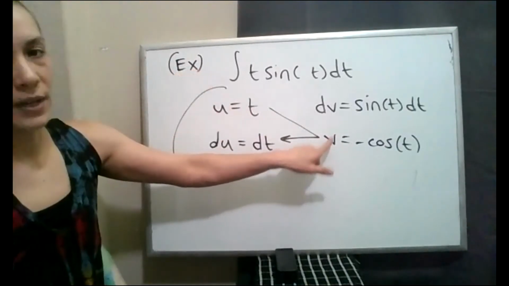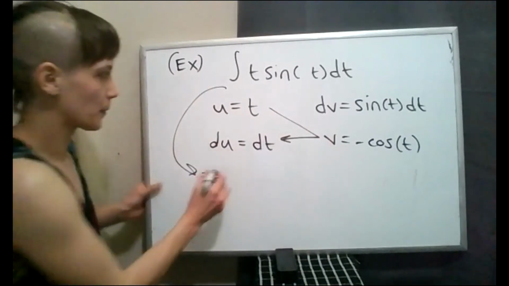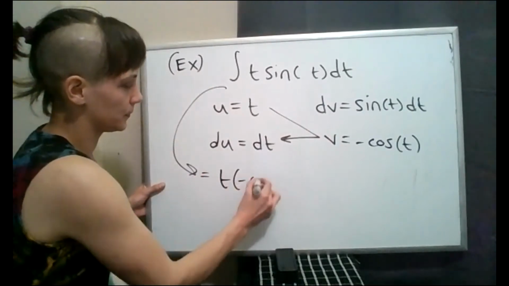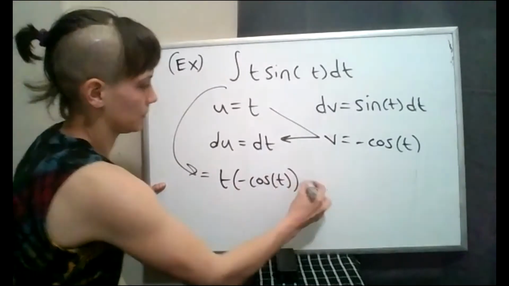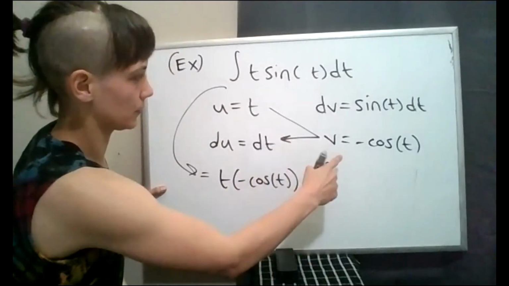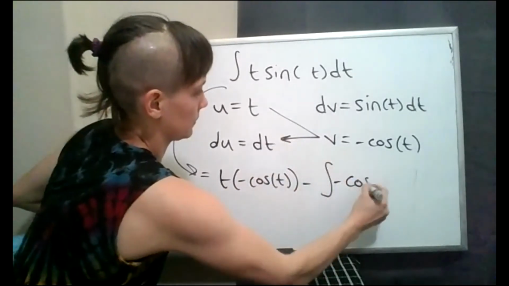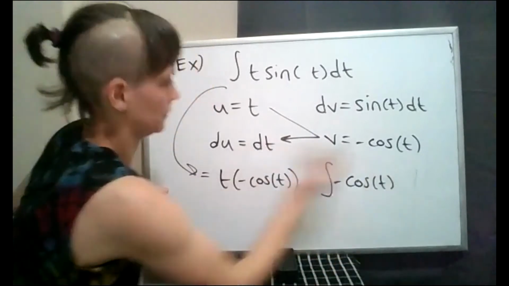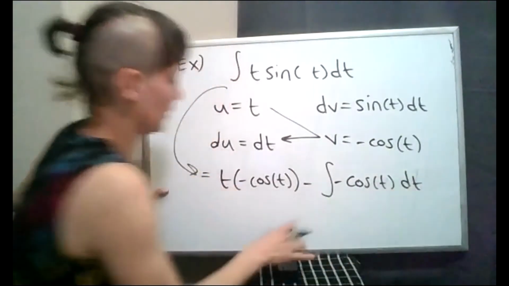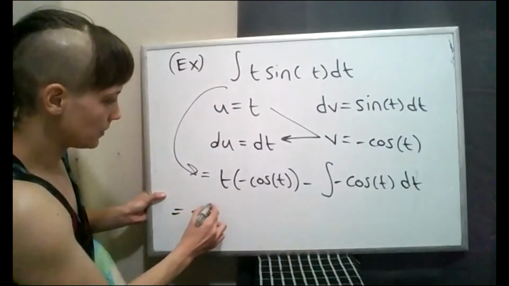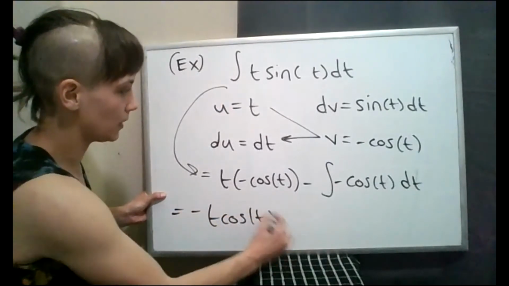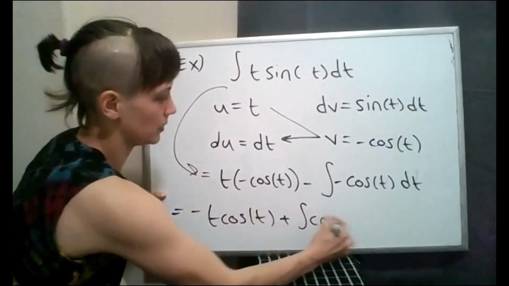u times v minus the integral of v du. Okay, so this is a negative t cosine of t plus the integral of cosine of t.